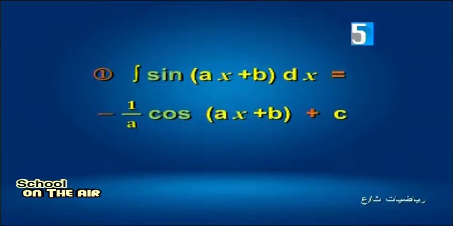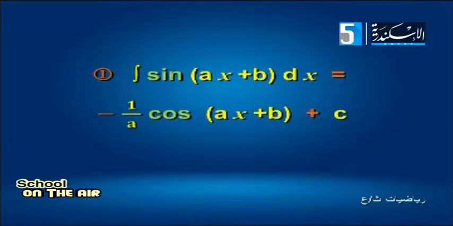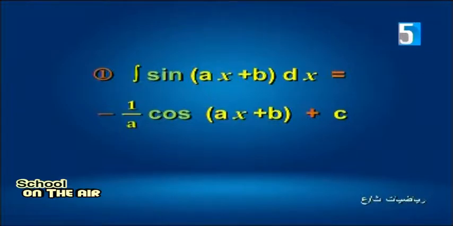A is the coefficient of x, or the derivative of the angle. Then integration sin ax plus b dx equals negative 1 over a cosine ax plus b plus the constant c.